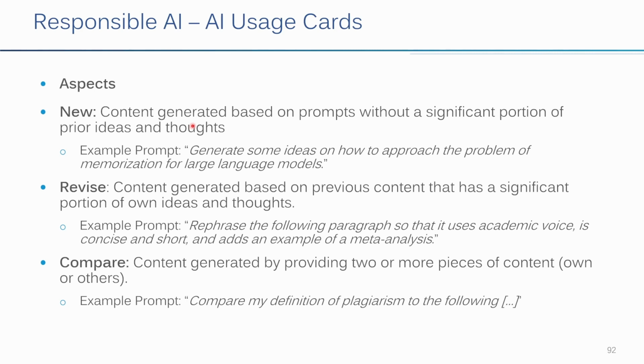For example, we provide a prompt: rephrase the following paragraph so that it uses an academic voice, is concise and short, and add an example of a meta-analysis. And of course, after that, you would provide whatever text you have. So not only are we concerned about tracking when things are generated, but also how things are reassessed, whether the text is provided by humans or not.